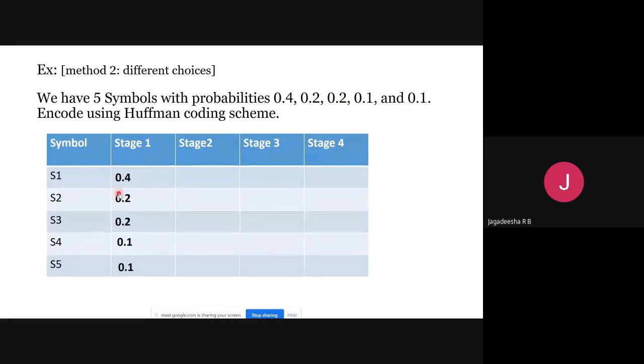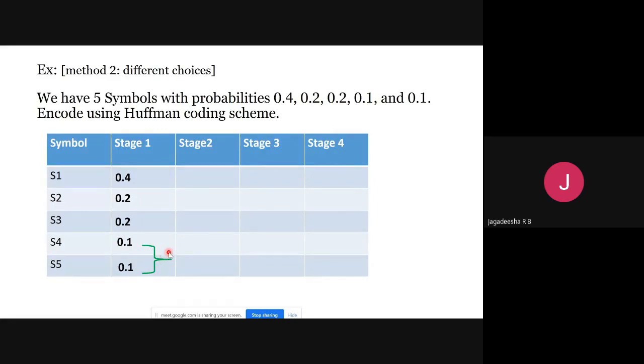So this is the first step of the Huffman coding. Please note, this is the same example, but I'm trying to solve it in a different way. Only a slight difference here. So the first stage is to sort the elements in the decreasing order. Second, consider the 2 elements with lowest probability, add them and generate a new symbol, that is 0.2.